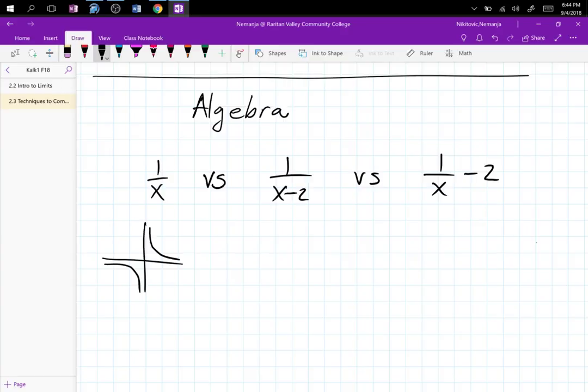All I heard is meow. It's all I heard from this area over here somewhere. Go ahead. Very good, thank you. Shift to the right 2 units. And how about the next one?